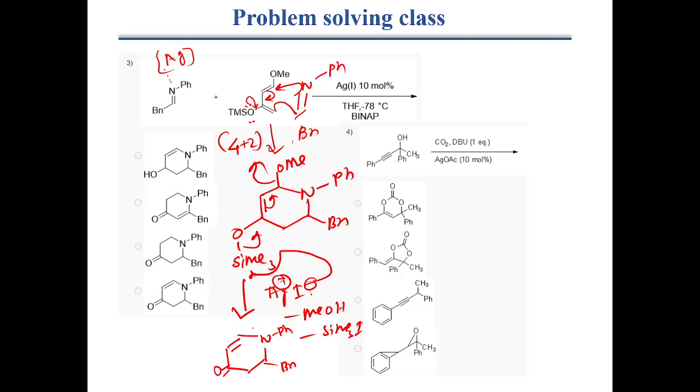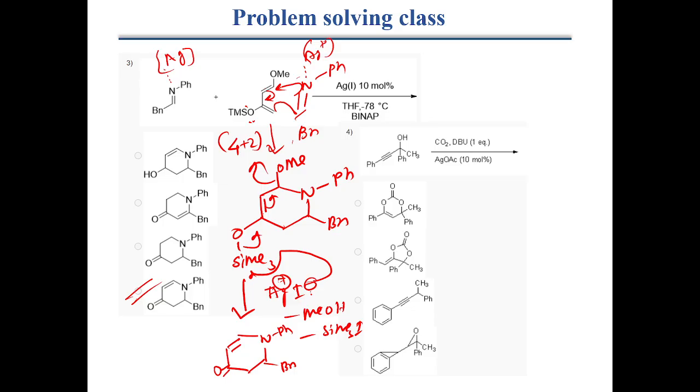So the right answer will be this one, the last one. First, activation of the imine by silver, then a 4 plus 2 reaction.